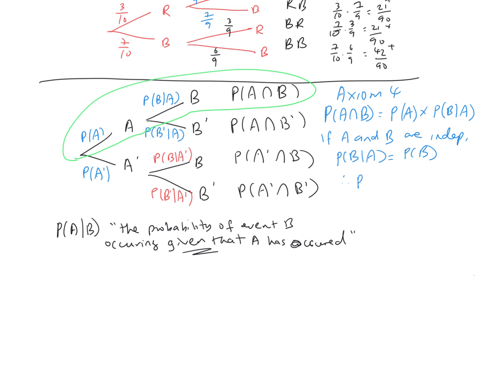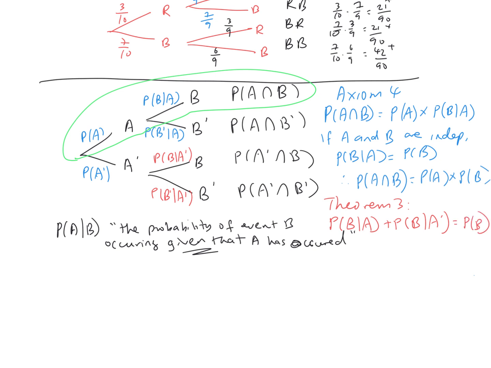So in this case, therefore, probability of A intersects with B is equal to probability of A times probability of B. For theorem 3, we have probability of B given A plus probability of B given A complement is equal to probability of B. As you can see here, for each branch, these two add up to give you the probability of B, and for the second branch, these two add up to give you the probability of B.